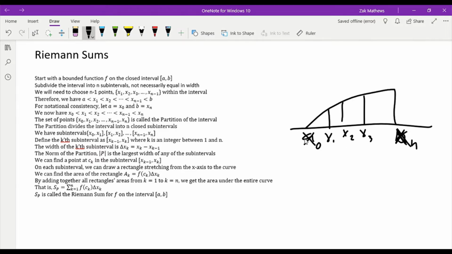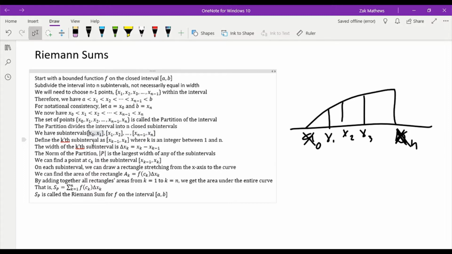So we've partitioned the interval up into these 4 subintervals using these 5 points, one being the initial a, one being the terminal b. The partition divides the interval into n closed subintervals. We have subintervals, this should be a bracket, that start at x0 and go up to x1 from there.